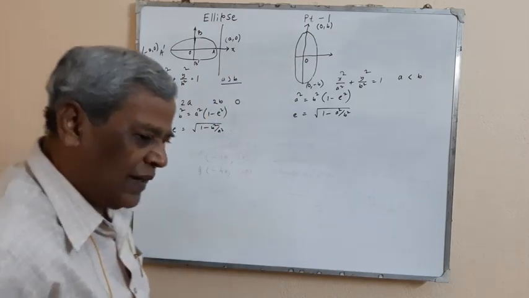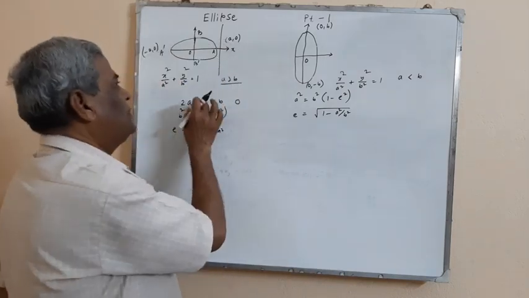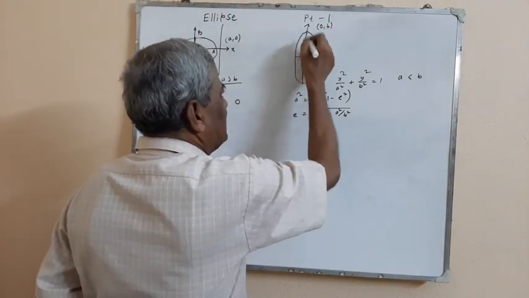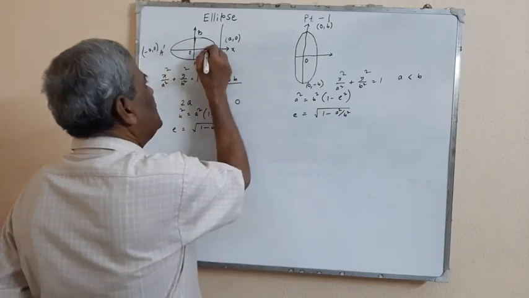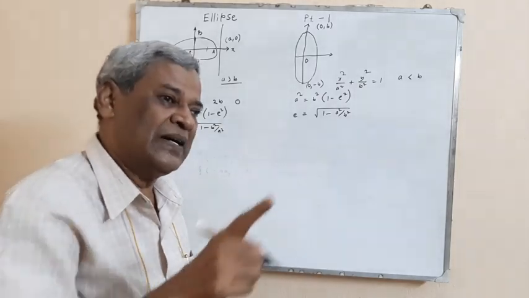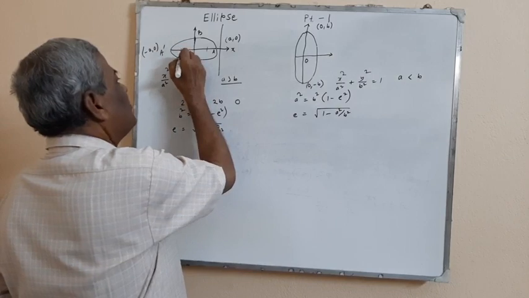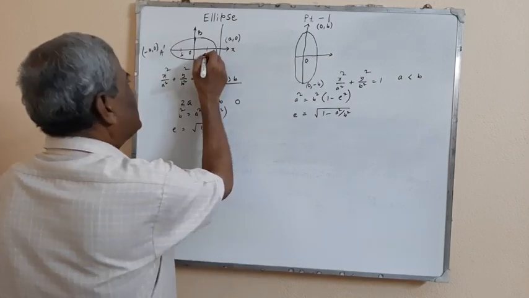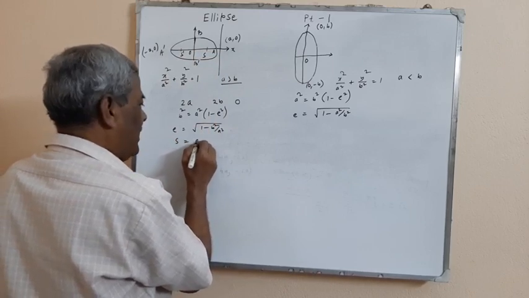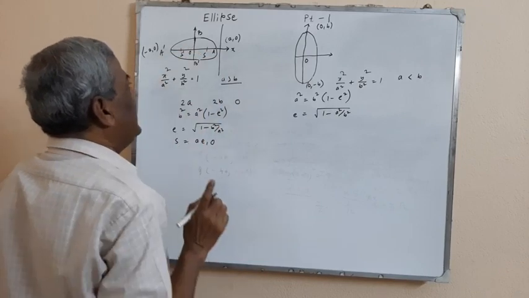Focus. The focus of any ellipse must lie on the major axis. In this case, it is here, and in that case, it is on the major axis there. Normally, an ellipse has two foci, S and S dash. Its focus S is AE, 0, and S dash is minus AE, 0.